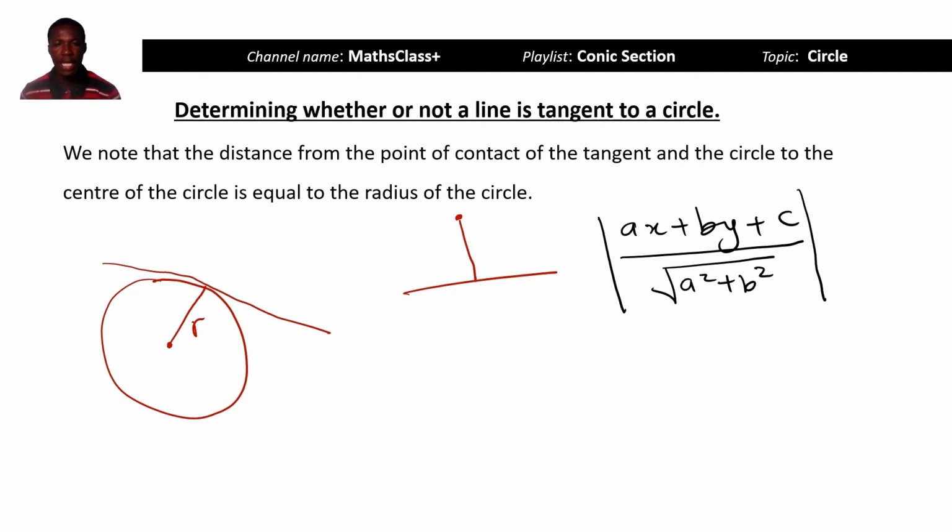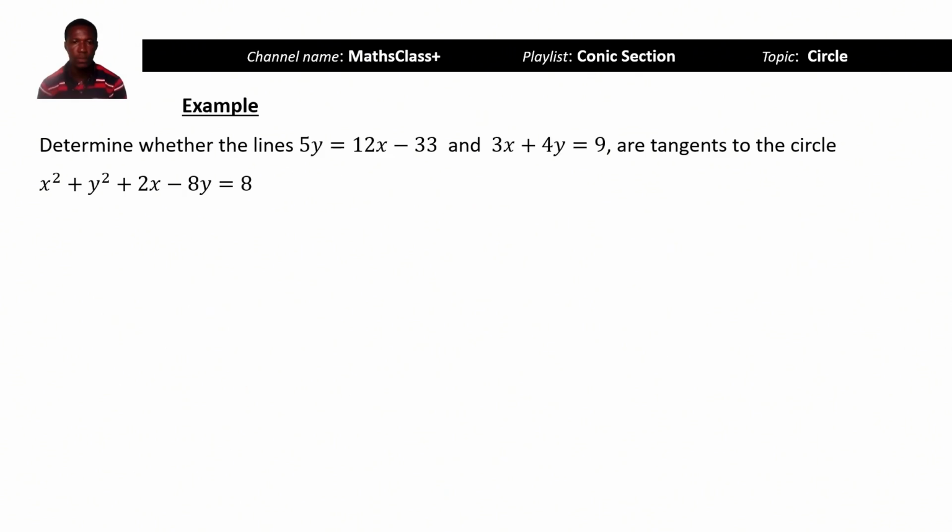We can't have a negative value. So this is how we find it, where ax plus by plus c equal to 0 is the equation of the line, and x and y will be the point given, the point that is perpendicular to the line that we seek. Okay.